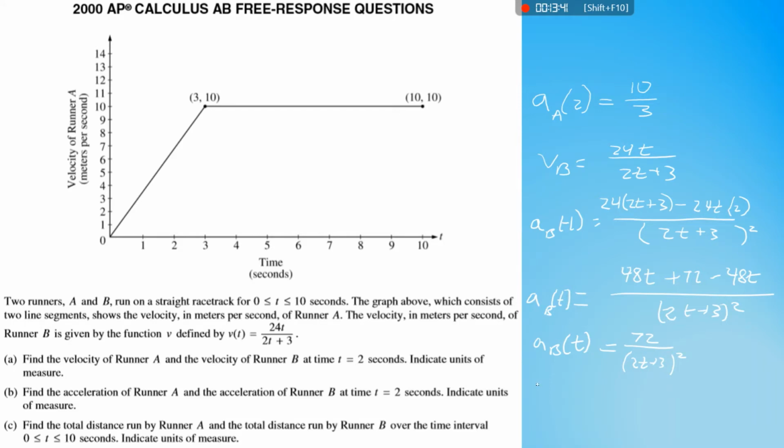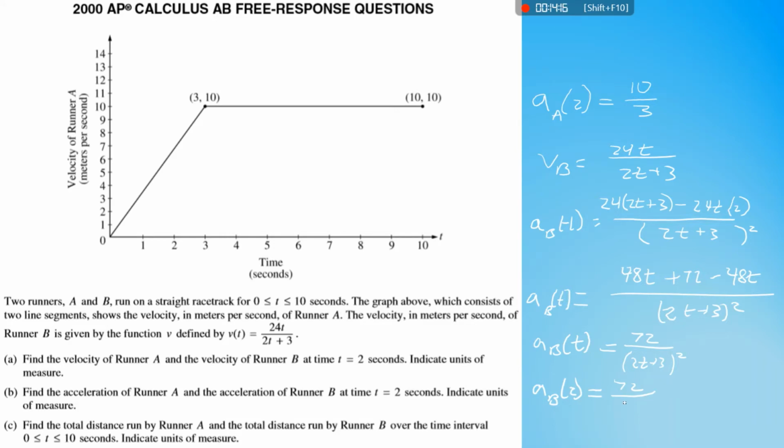Then I want to find this at 2. So if I plug in 2, what do I have? 72 over 7. Not just 7. This was the quotient rule, so the bottom is squared.